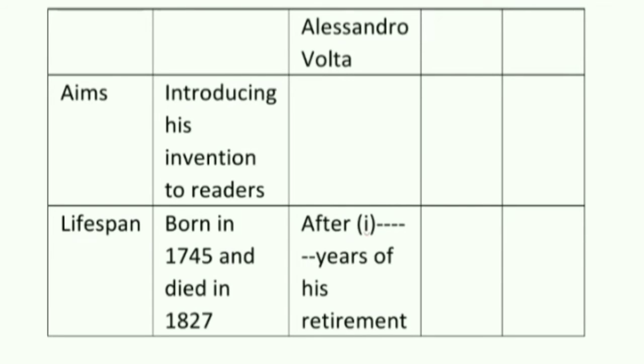That means born in 1745 and died in 1827, after dash years of his retirement. How many years after getting retired did he die? Who can say? You have to count here. Yes, it's 8 years. After 8 years of his retirement, he died.